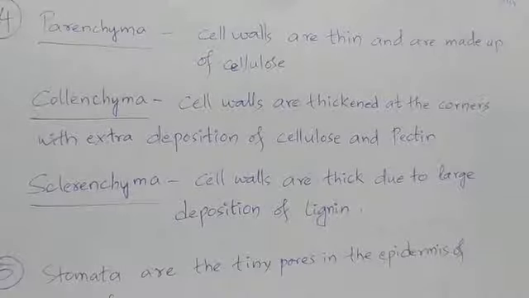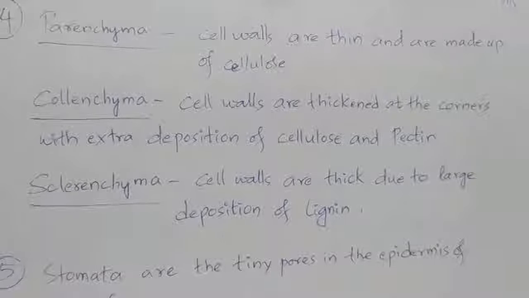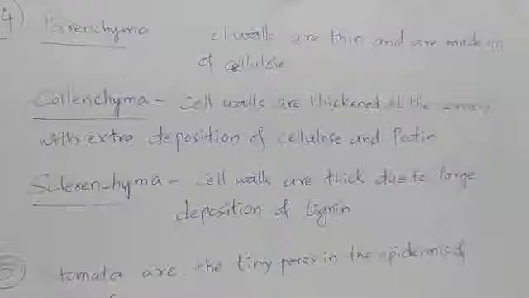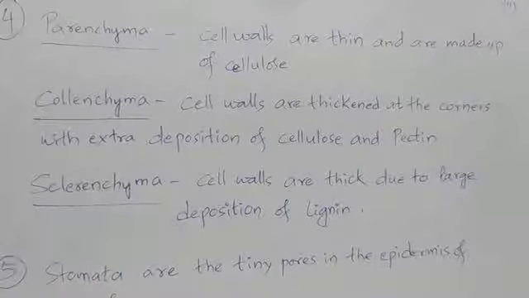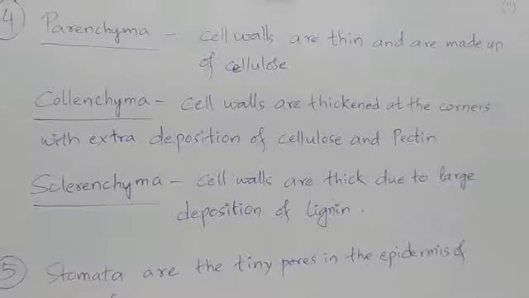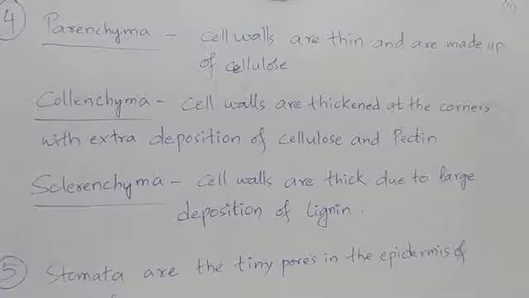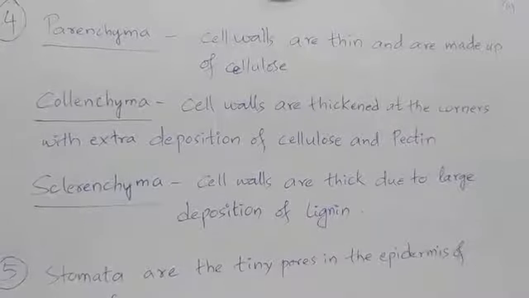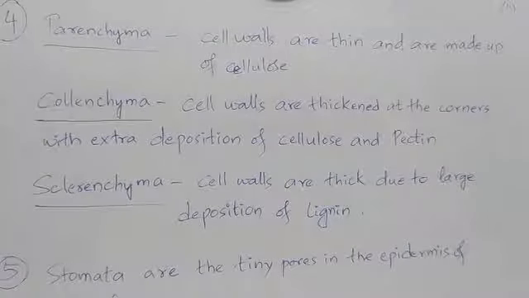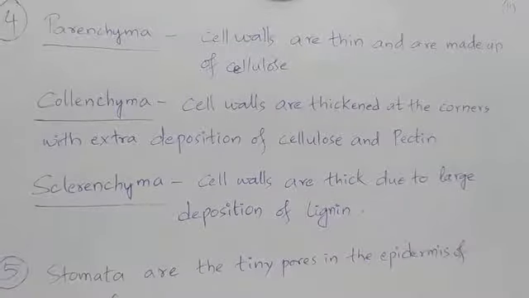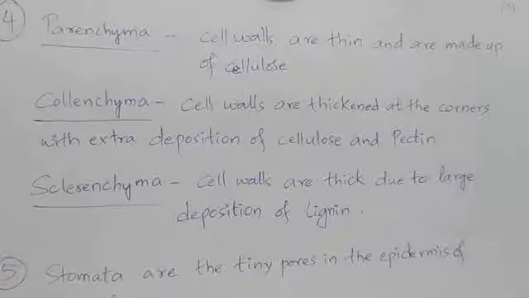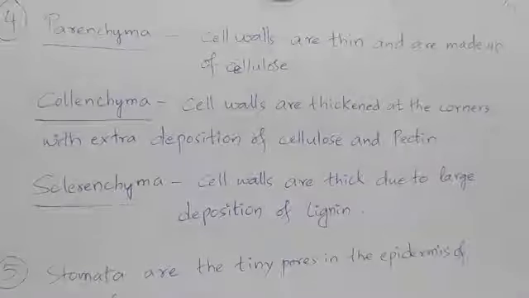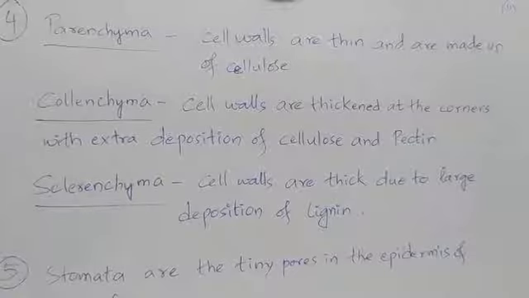The cell walls are not just thickened at the corners but entirely, means they have got even thickness. They are not thin, they are very thick, and there is deposition of lignin. See, in collenchyma there is pectin, in sclerenchyma there is lignin along with the cellulose. In parenchyma there is only cellulose.